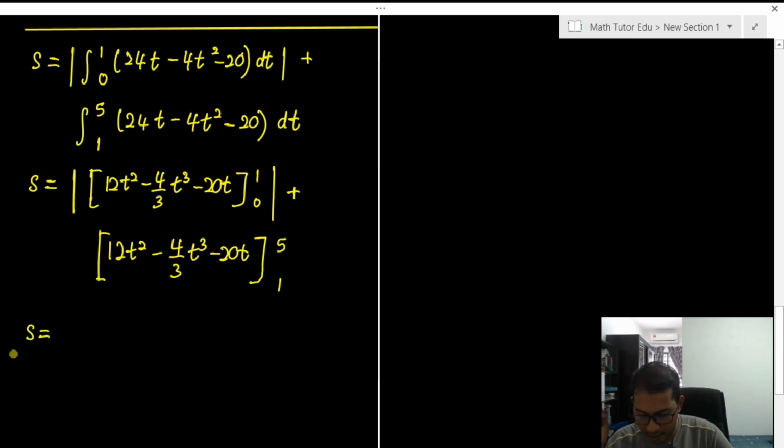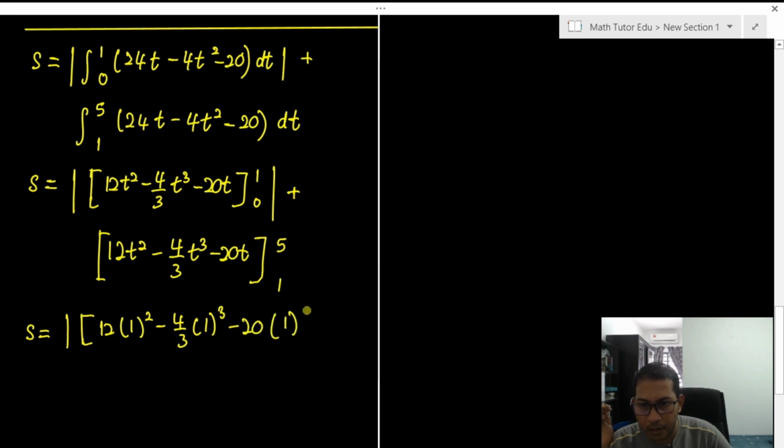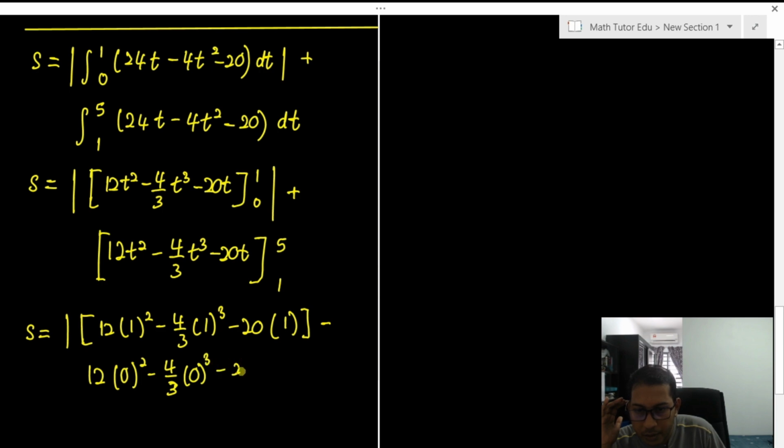So from here s is equals to modulus, 12 times 1 square minus 4 over 3 times 1 cube minus 20 times 1, close bracket, minus, 12 times 0 square minus 4 over 3 times 0 cube minus 20 times 0, close bracket, close modulus.